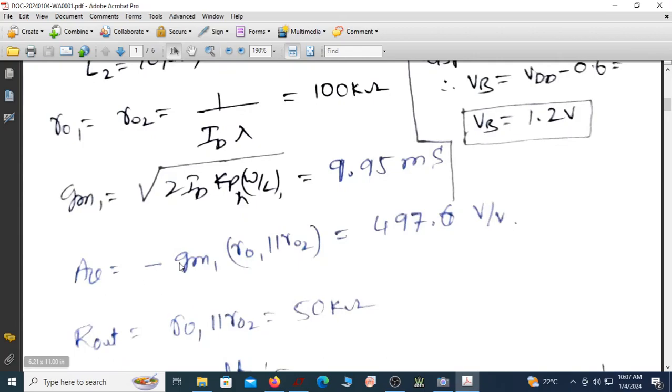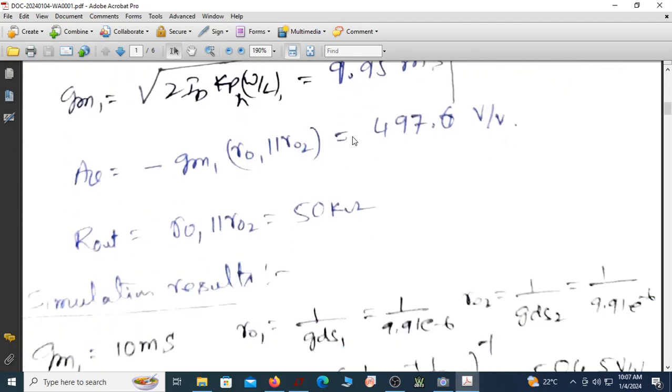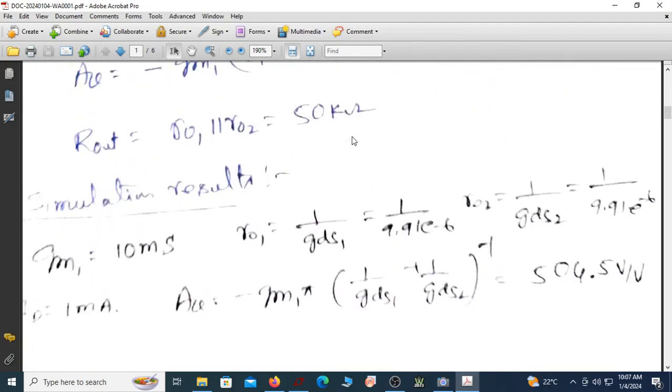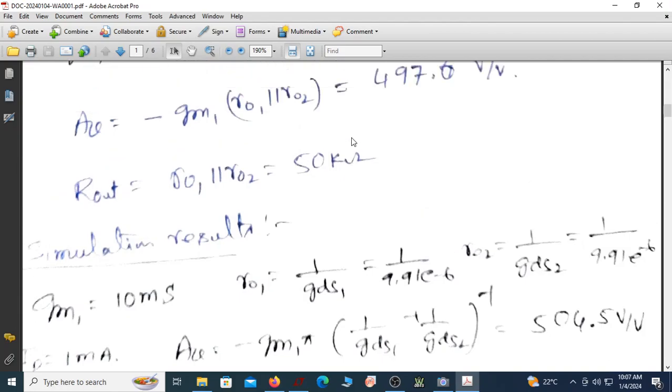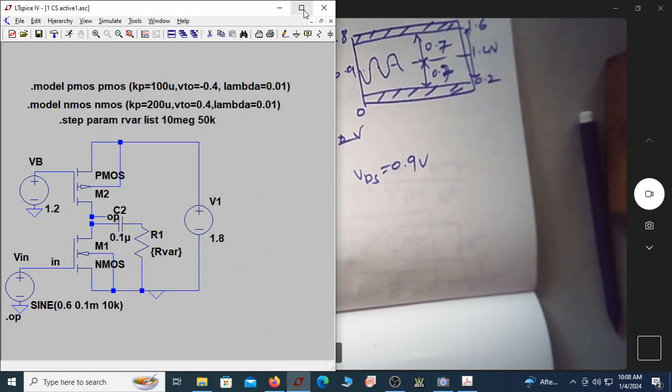If you find the value of GM1, which is given by the square root of 2 ID Kp of n into W by L of 1, it comes out to be 9.95. And R01 and R02 will be 1 over ID into lambda, which is 100K. Let us see if we get the same value. We are supposed to get 497.6 as the gain.